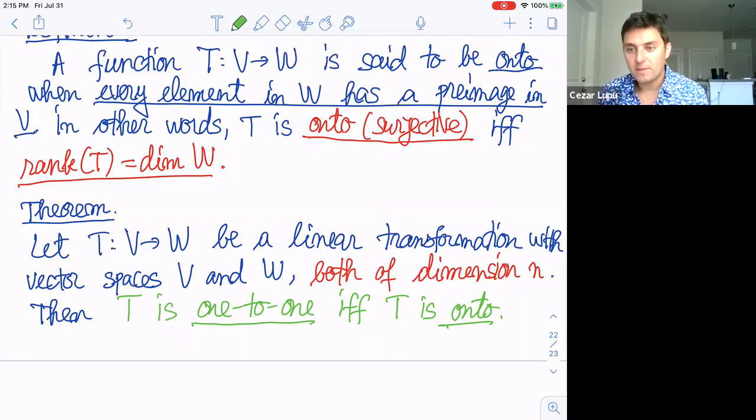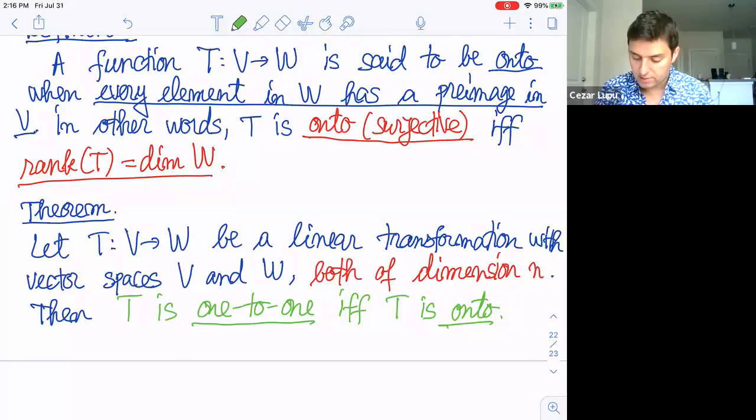If I have a T, a linear transformation from these two vector spaces, V and W, and both of them have the same dimension, this is important, then you prove one of them, you prove the other, and the other way around. So T is onto, then it follows that T is 1-to-1 or the other way around, right?